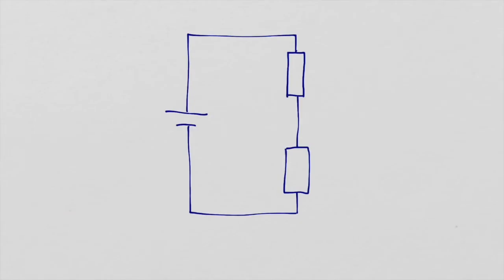And by a similar method, we can come up with a general solution. Let's consider that we've got a voltage going in there, and a current going round. The current is the same everywhere, which is the voltage divided by the total resistance. So the voltage in divided by the resistance at the top plus the resistance at the bottom.